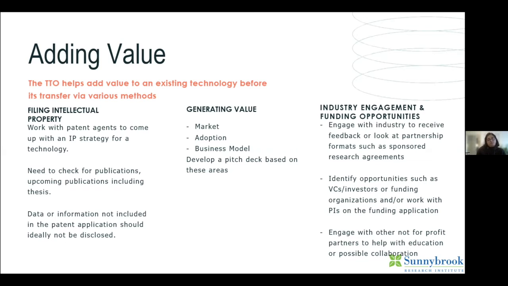Your tech transfer officers also help engage with other not-for-profit organizations that can help you identify or move your invention forward. An example is Admare. Admare is based in Vancouver currently, but it's a great partner to work with if you want to take your research forward but do not have the funding for it.